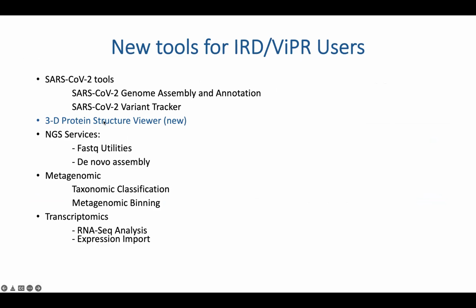Let's see, what else is new? We also have a new 3D protein structure viewer. Those of you coming from IRD and Viper are probably already used to having a structure viewer there, but we've changed it because, again, it was starting to get a little slow and buggy.